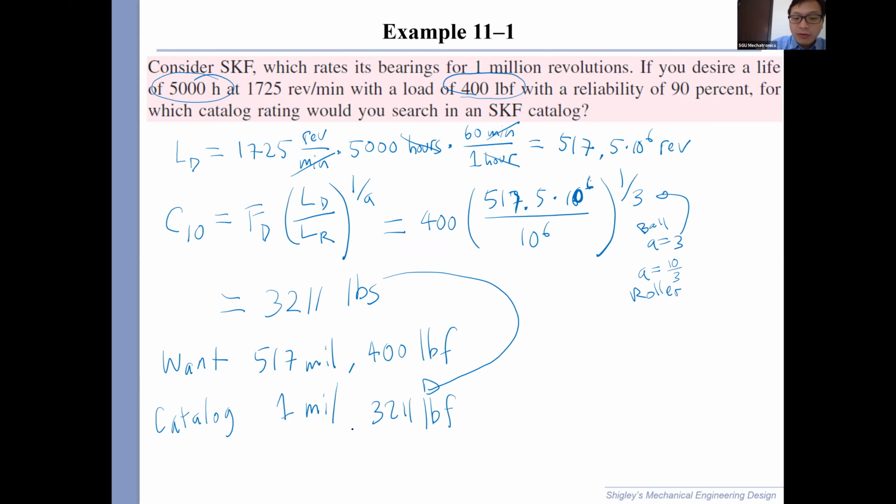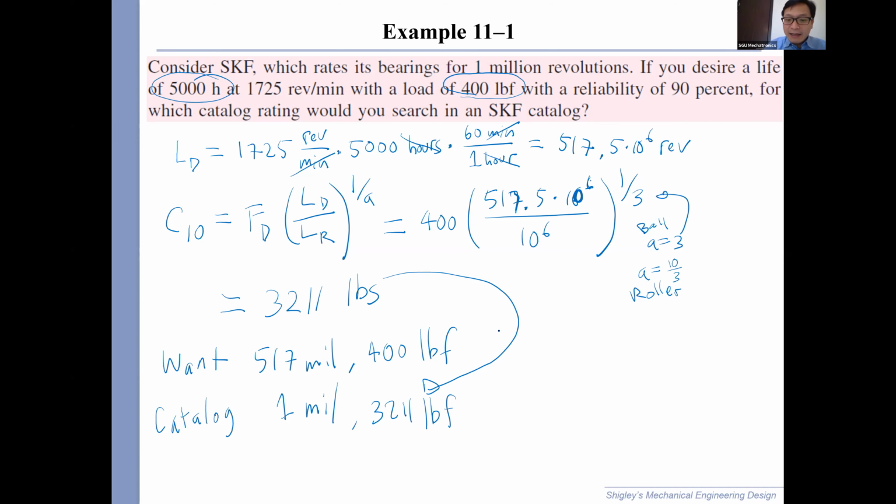So what this equation tells us is that, okay, you want 517 million at 400 pounds, that's okay. But when you go to the catalog, you definitely pick something much greater than 400. What is that number? We just calculated that with the formula.